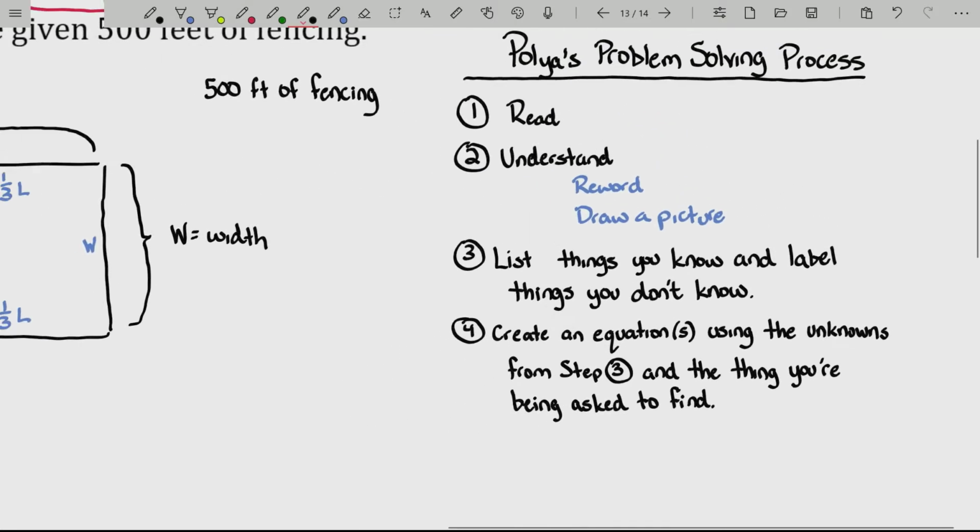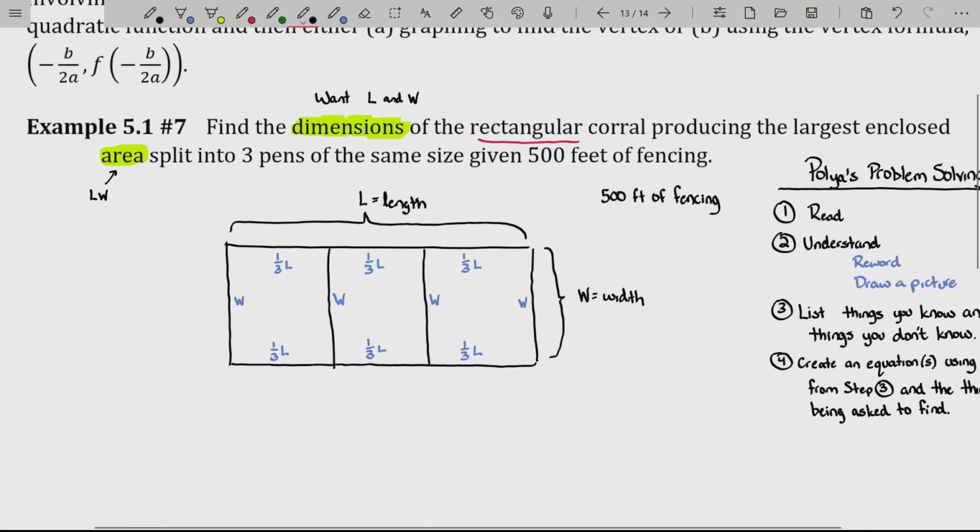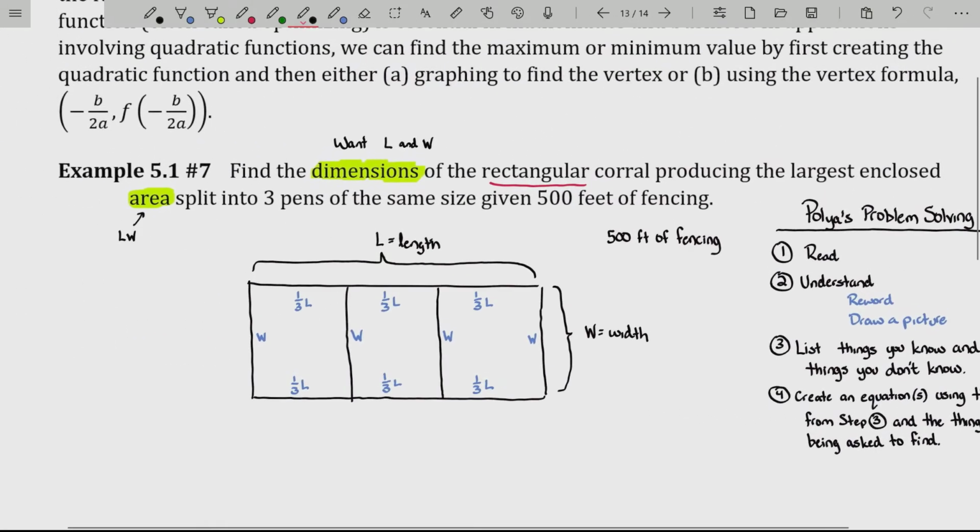The thing we're being asked to find here is the dimensions. Okay, so we're asked to find the dimensions, which are the things that we labeled, right? L and W. But it's very difficult to actually create an equation with just L and W. Those are expressions. So we have to find something else in this language that relates length and width.